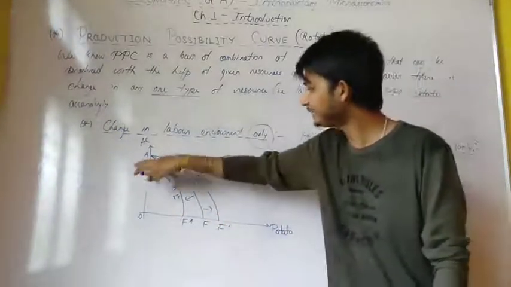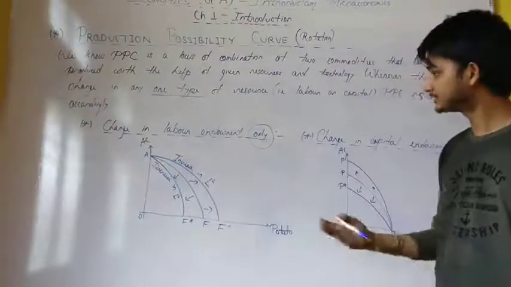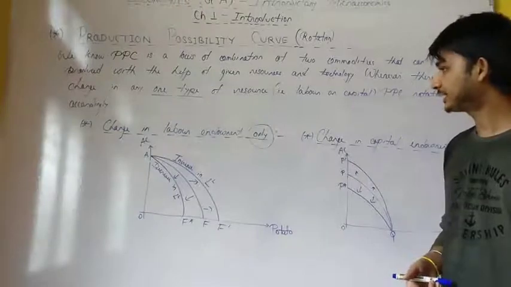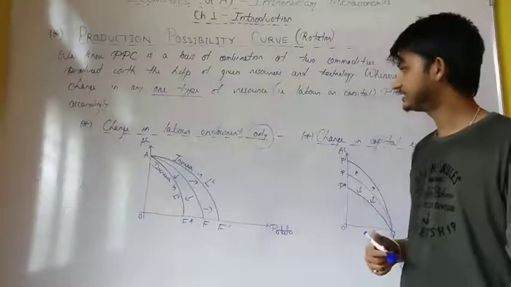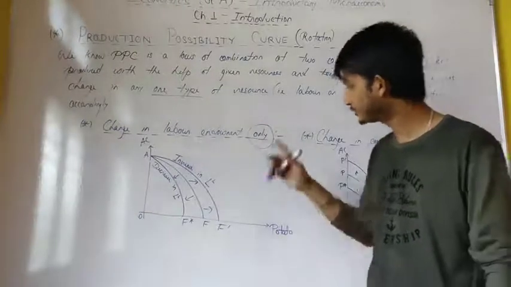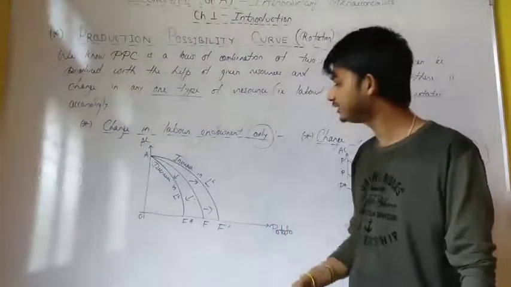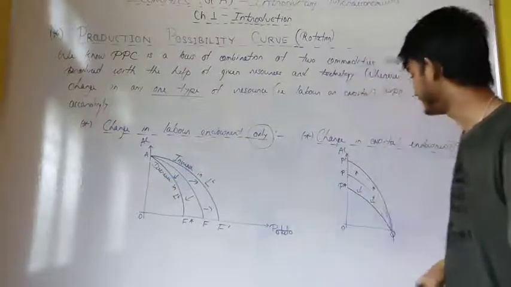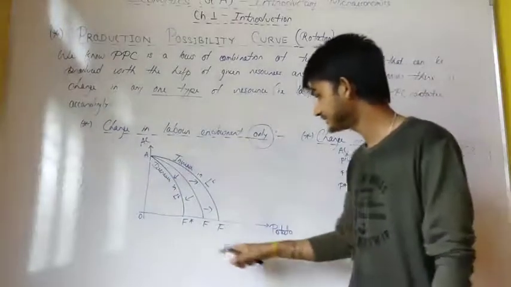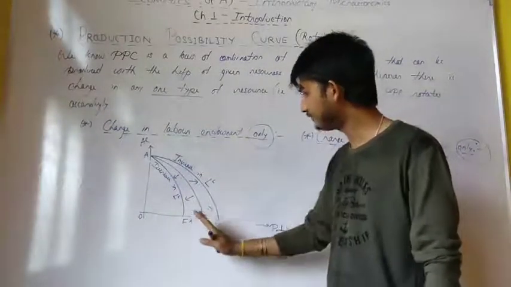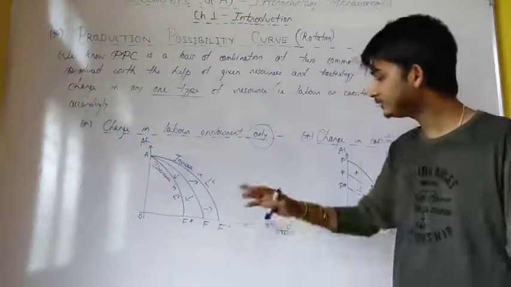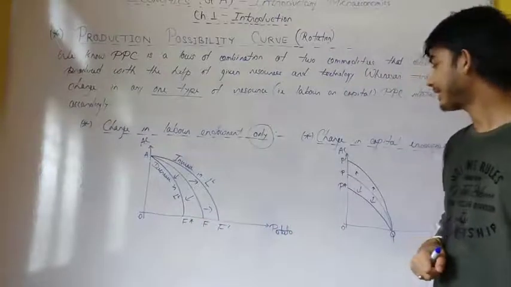But point A remains the same, for the same reason: the change was not associated with capital endowment. The negative change got associated with the labor endowment only. The labor resource fell, so there is a decrease in labor resource, and hence the production possibility curve, which was AF, rotated inward to AF star.